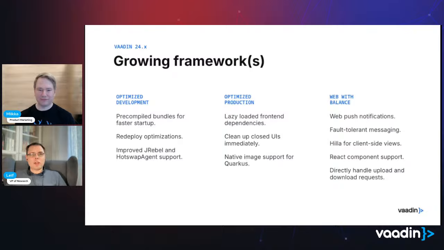Then for the application running in production, there's adding lazy loaded front-end dependencies. So basically, if you actually create a production bundle, instead of using the pre-bundled one, you can also build your own.